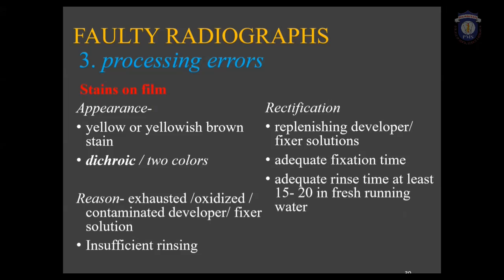To rectify this, we need to ensure that the developer solution and the fixer solution are replenished at adequate intervals. Adequate fixing time has been given. Adequate rinsing of the film is done after fixing it in fresh running water.